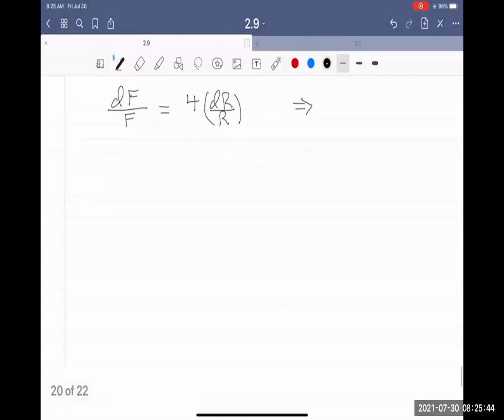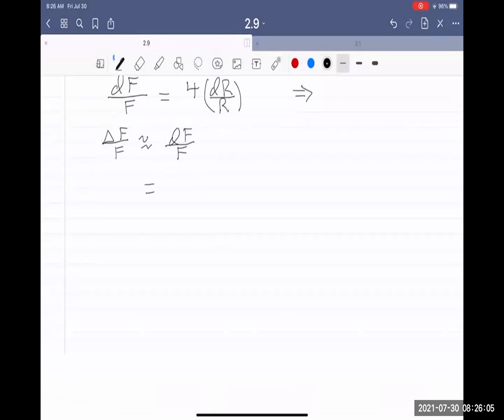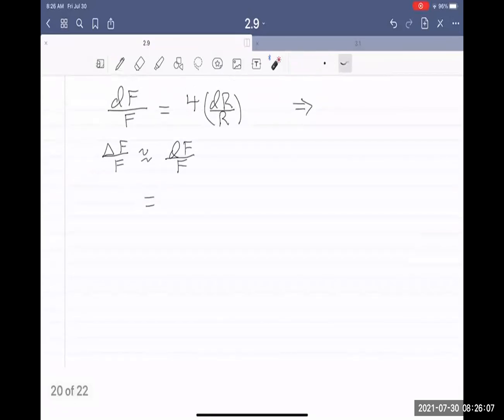Well, the change in F over F is approximately, well, the change in F is approximately dF. And well, F is equal to F. But this is equal to, from the above here, 4 dr over r.